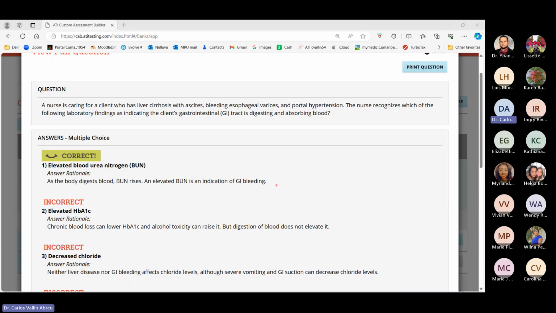Those proteins degrade first into ammonia. The proteins that are absorbed into the circulation are transformed into ammonia, and the liver, the healthy liver, transforms the ammonia into urea. That is measured with the blood urea nitrogen. And the urea is excreted by the kidneys.